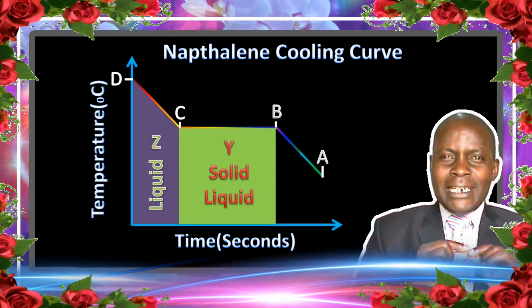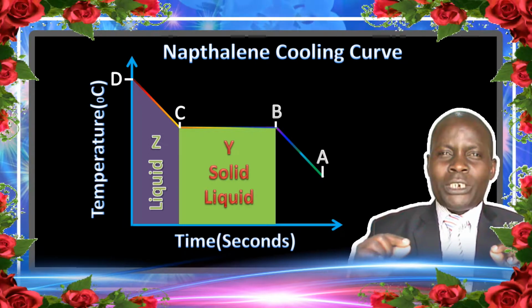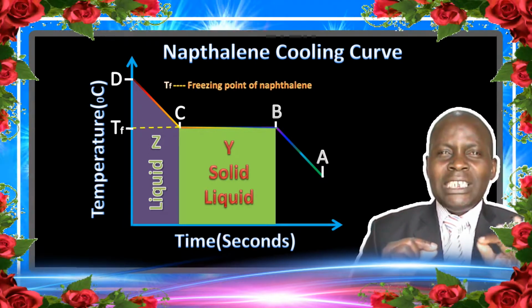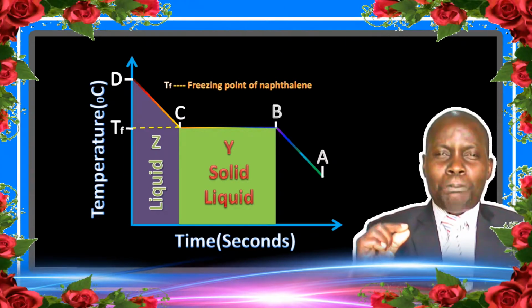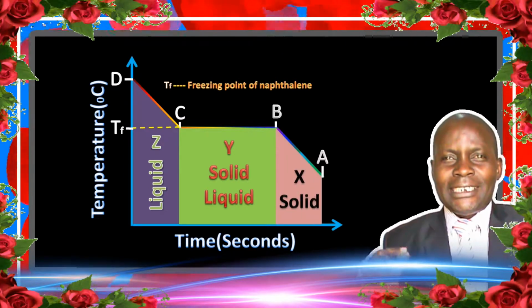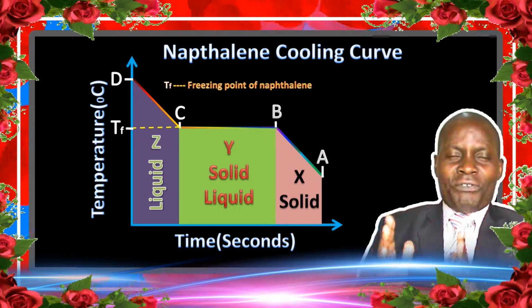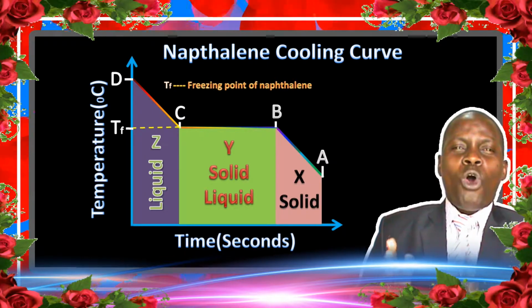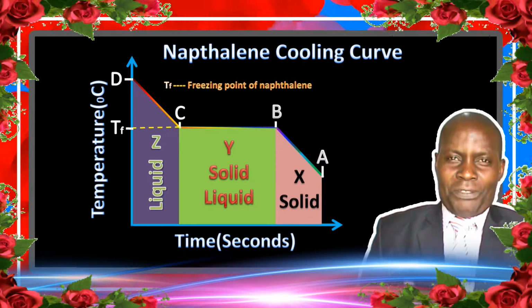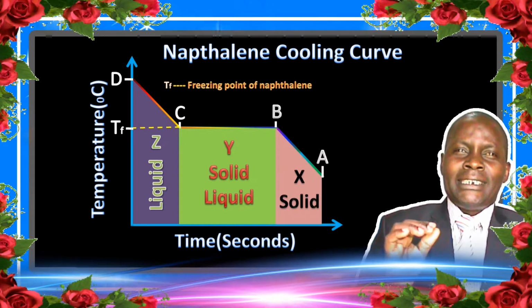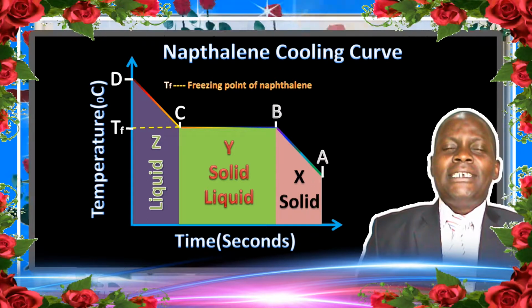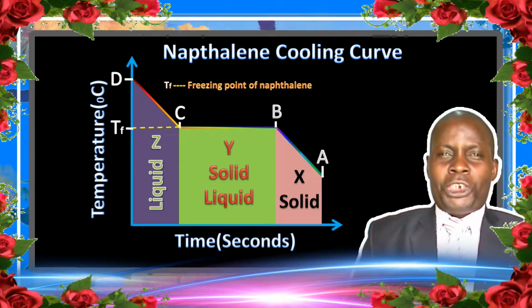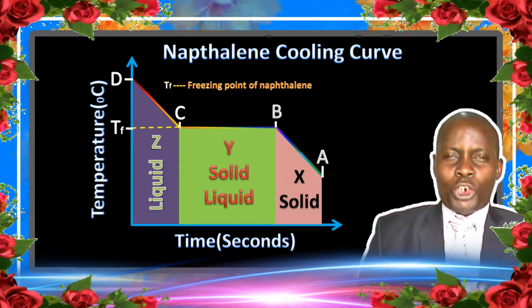That is when the temperature is constant, which we refer to as the freezing point of naphthalene. Then from point B to point A, that is the phase where we have only solid naphthalene, and that is naphthalene cooling down. That is the effect of heat during the change of state.